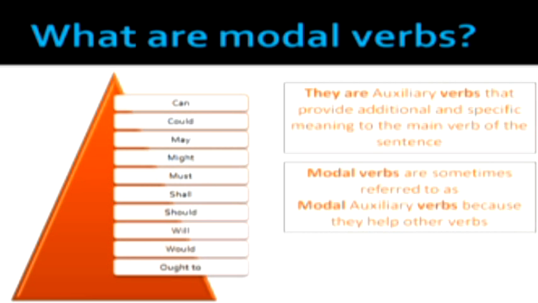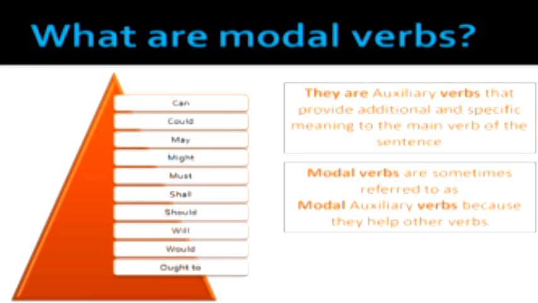They are auxiliary verbs. They provide additional and specific meaning to the main verb of the sentence. They are called helping verbs also, auxiliary verbs also. Modal verbs are sometimes referred to as modal auxiliary verbs because they help other verbs.